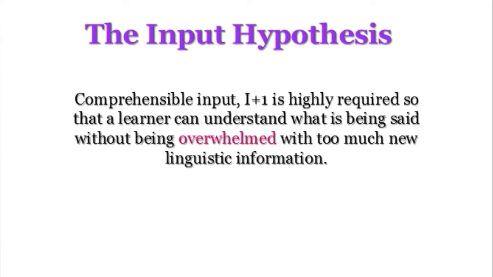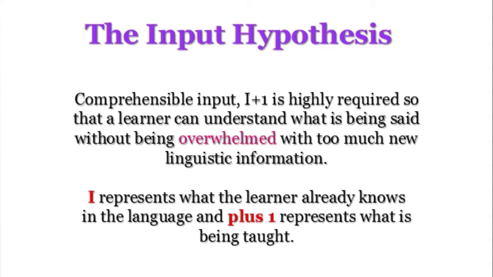Comprehensible input I+1 is highly required so that a learner can understand what is being said without being overwhelmed with too much new linguistic information. I represents what the learner already knows in the target language, and +1 represents what is being taught.